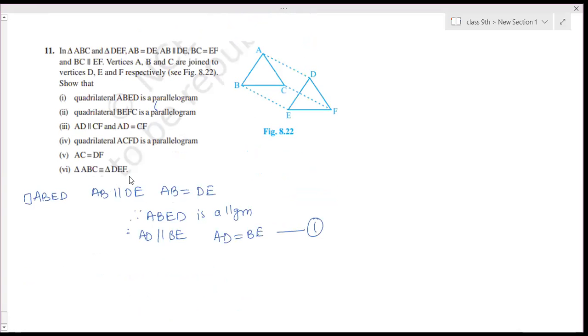Now second quadrilateral, BCFE. In that they have given BC is equal to EF and BC parallel to EF. So BC is parallel to EF and they are equal also.